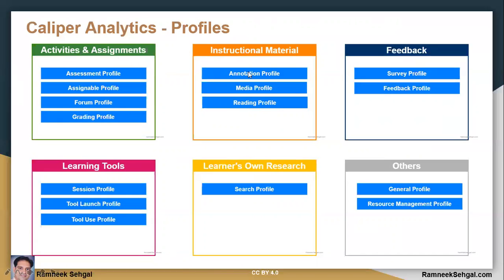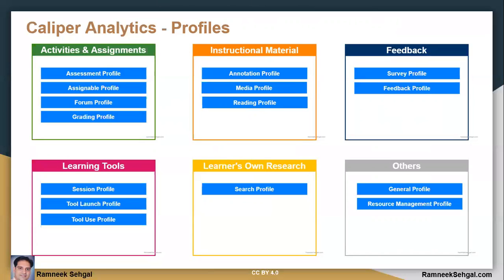The next set of profiles are instructional material related profiles, like annotation. If somebody is reading a book, they would like to bookmark some information, tag some information, comment, and so on. All those go under the annotation profile. Then we have a media profile.